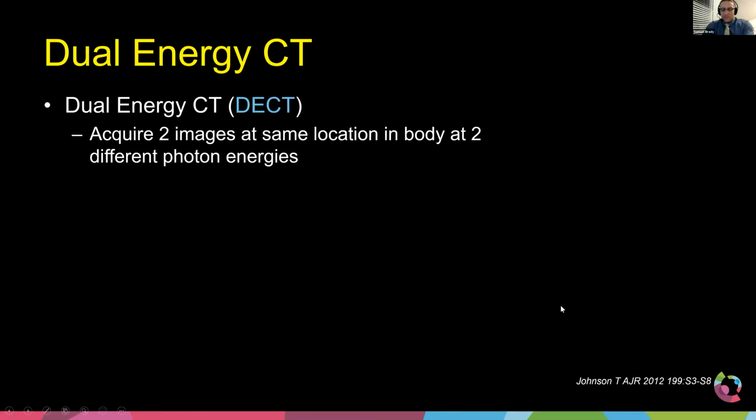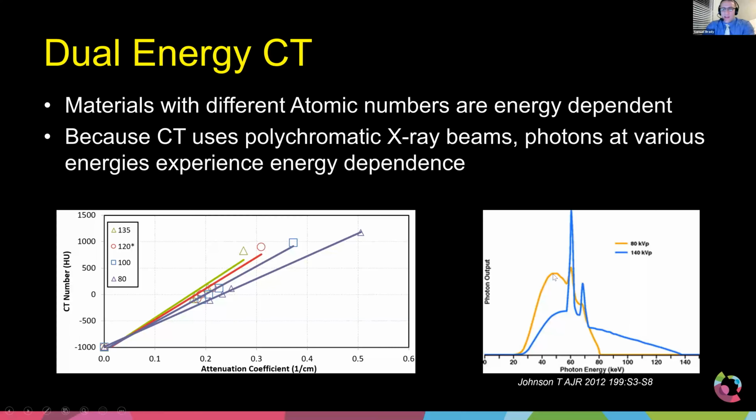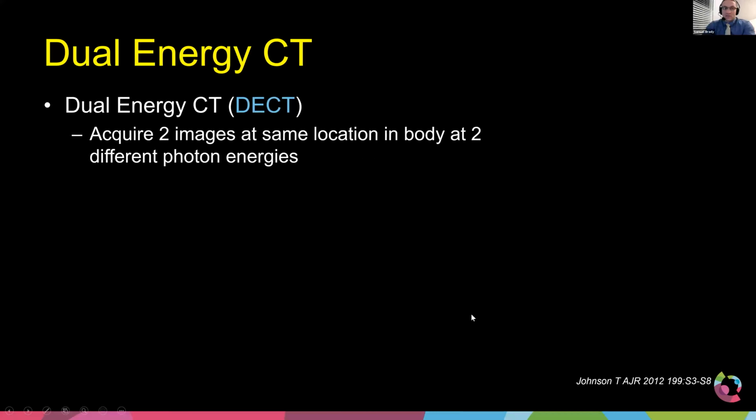And you can see that depending if we image with 80 kV, which is this orange curve, versus blue at 140, there's different quantities of energies. So at 80 kV, there are more low energy X-rays, and blue curve, we're at a high kV, 140, there are more high energy X-rays. And this is going to be very important, as we need a combination of both of those to distinguish the materials.